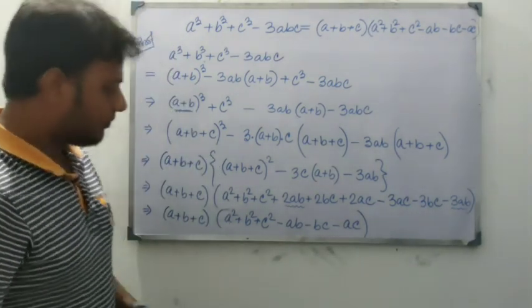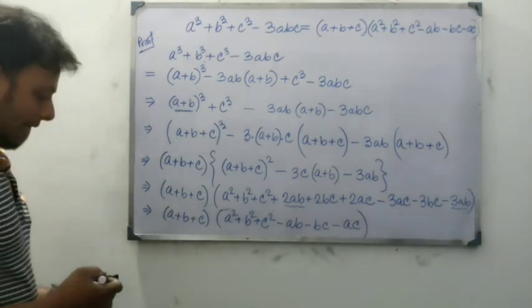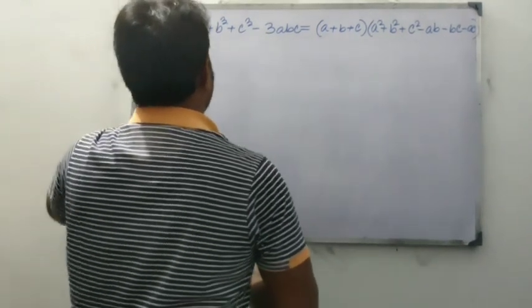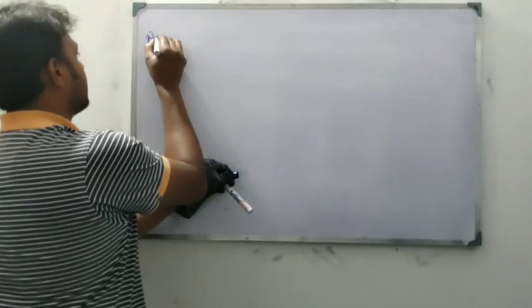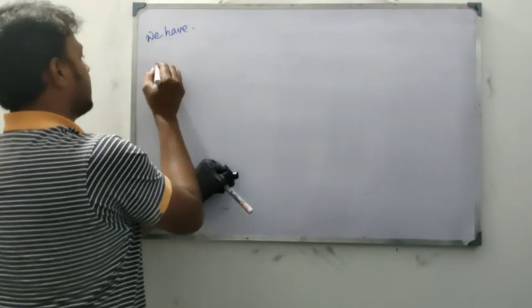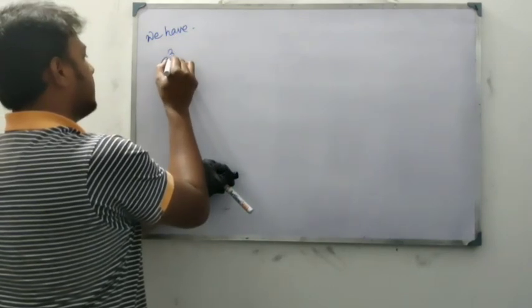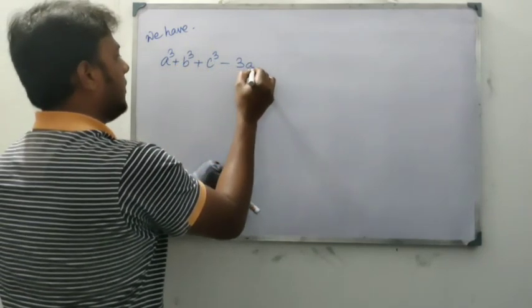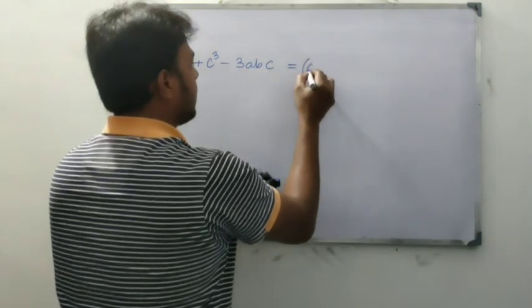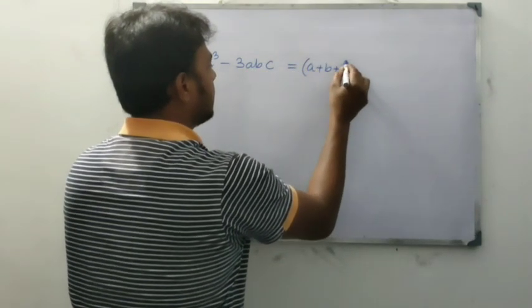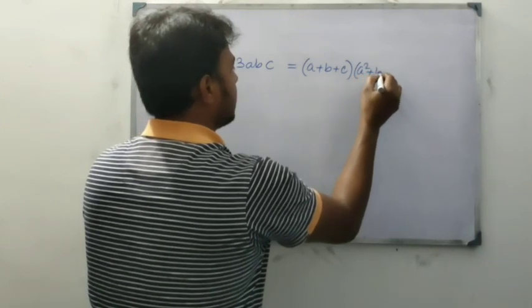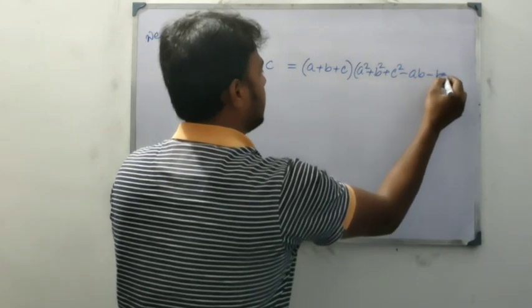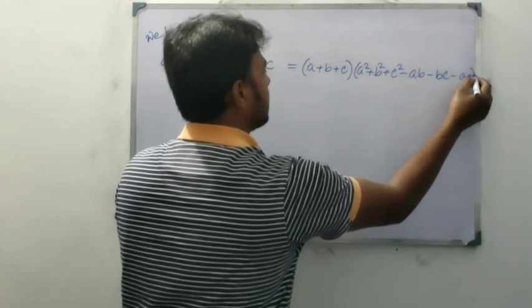Is it clear? a³ + b³ + c³ − 3abc equals (a + b + c) into (a² + b² + c² − ab − bc − ac).